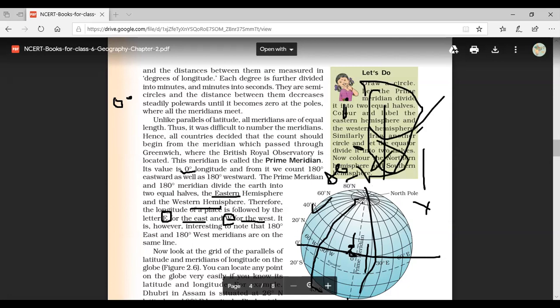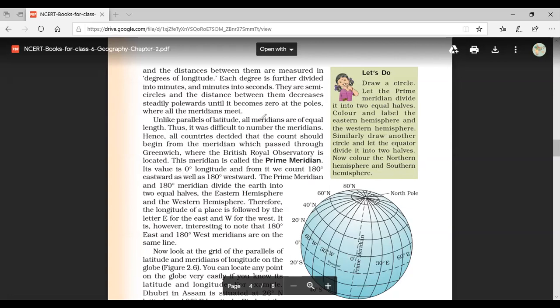Like for the latitudes, we used to say that if it lies in the northern hemisphere, we would say this much degree north. If it lies in the southern, we say this much degree south. It's in the same way. If any longitude lies either in east or in west, we just give it the respective letters. Okay, now let's move forward.